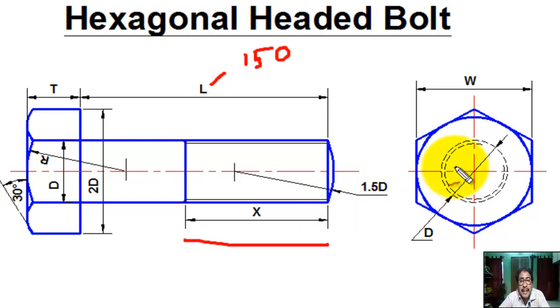Now in side view, this is the width W across flat surface. W equal to 1.5D plus 3 millimeter approximately.